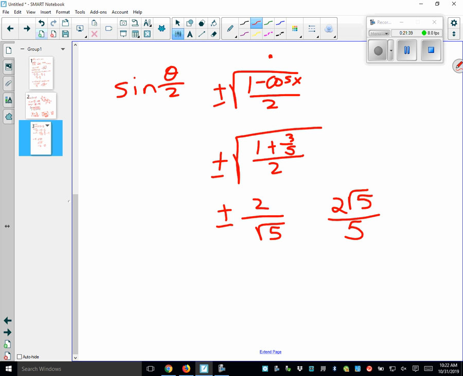It's in quadrant 3. When I take half of quadrant 3, what is half of 3? 1 and a half. Agree? Is 1 and a half more than 1? Yeah. Less than 2. So I must be in quadrant 2.